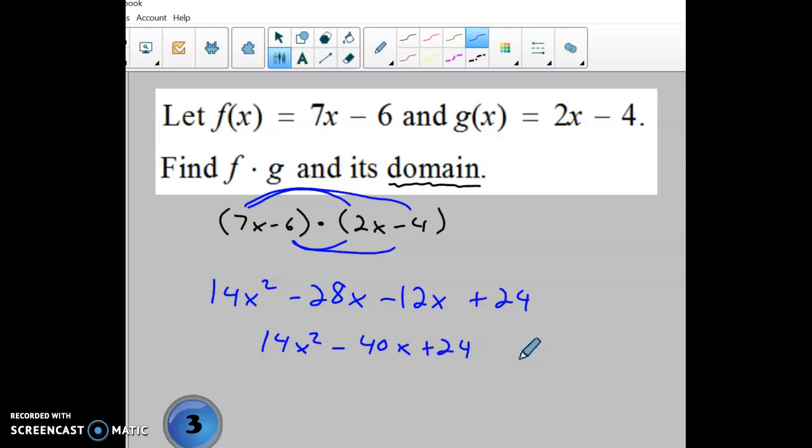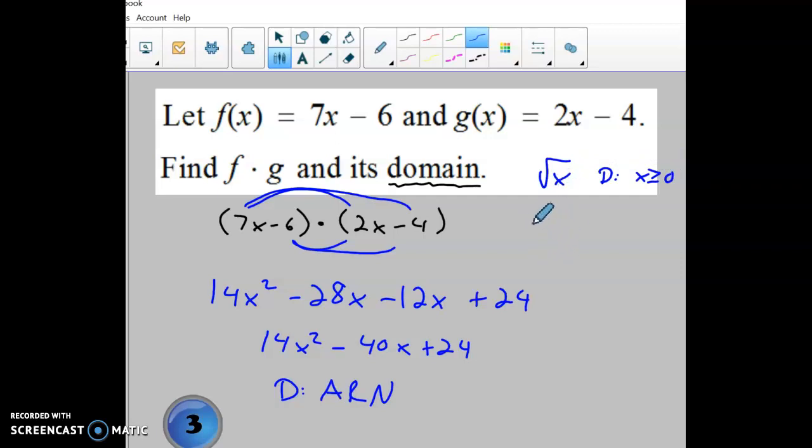As far as the domain goes, a quick review: the general version is all real numbers, which is actually our answer here. That's kind of your default. It won't be all real numbers if you have a root x in there. Then your domain will be x greater than or equal to 0, because you can't do square roots of negative numbers, so you can't have a negative underneath the radical.